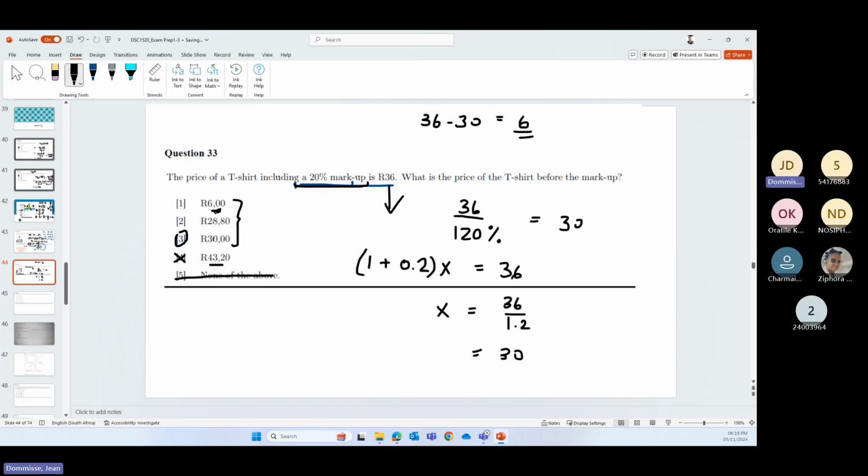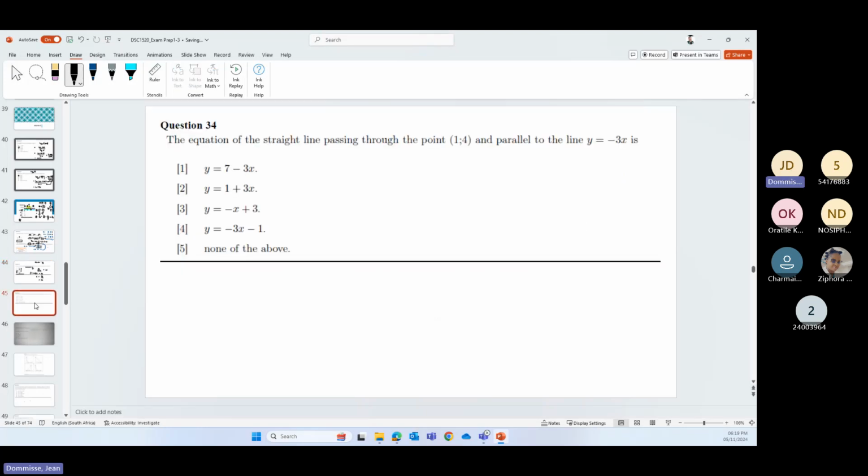Sometimes one thinks of it as a straightforward question, and then they throw in something like, what was the value of the markup, and you think, okay, but I still need to get the first value. So just be careful with a question like that.